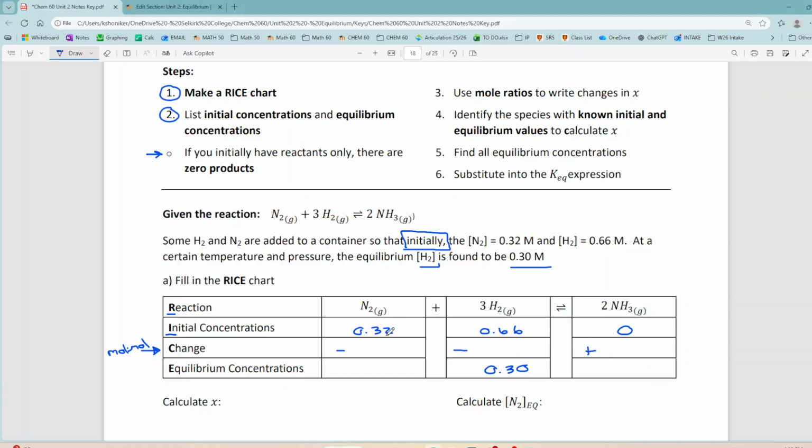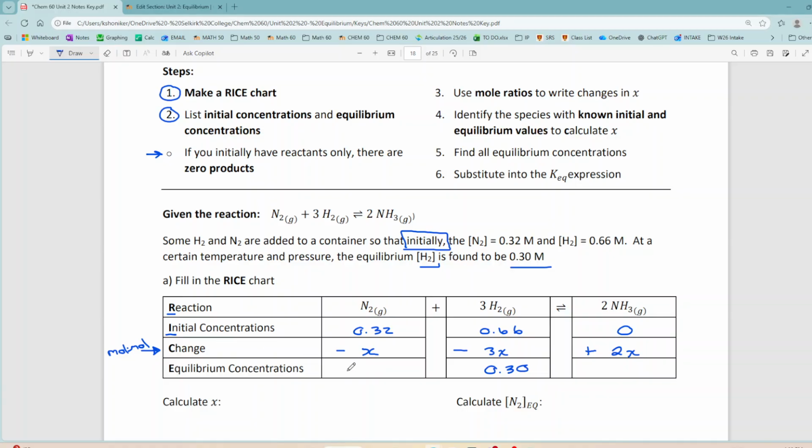This change is going to happen in a molar ratio. The nitrogen is going to go down by 1 molar amount. The hydrogen is going to go down by 3 molar amounts, and the ammonia is going to go up by 2 molar amounts. So I say that X is equal to 1 mole of change. So it's in a ratio of 1 to 3 to 2.